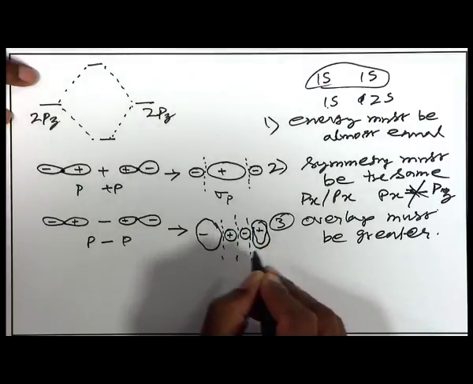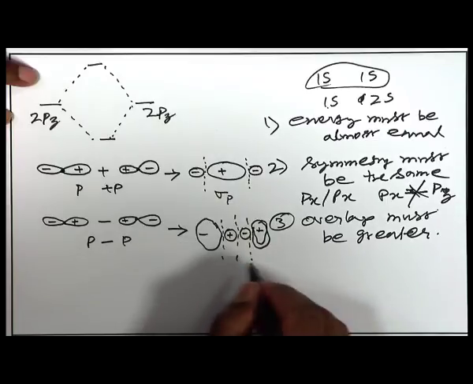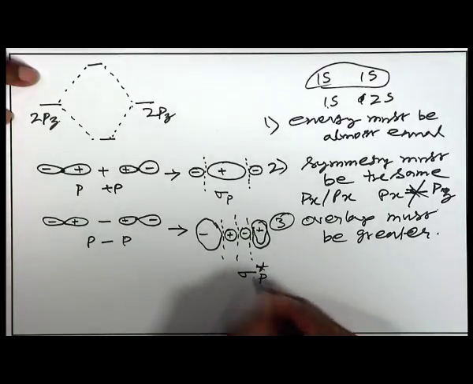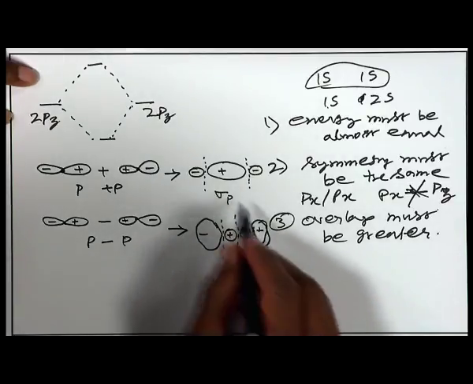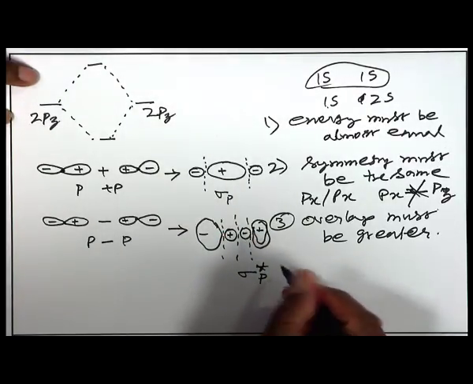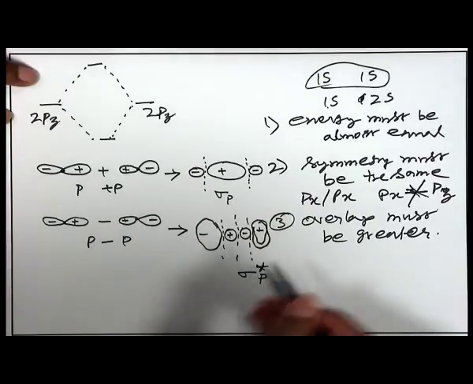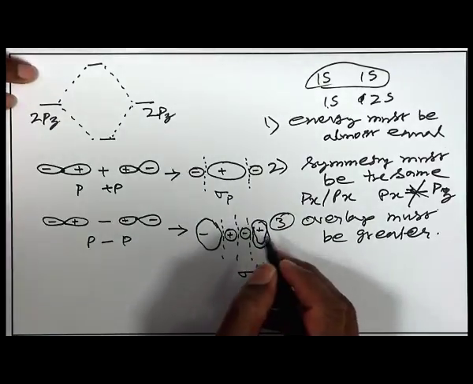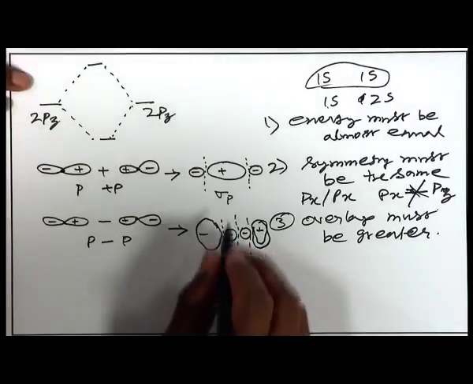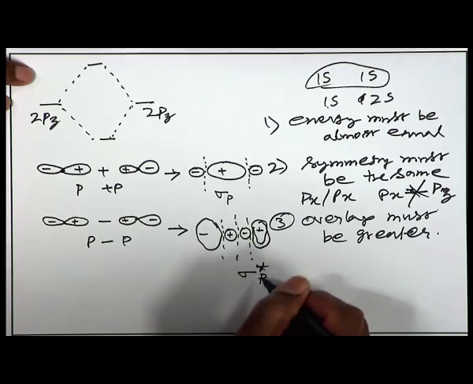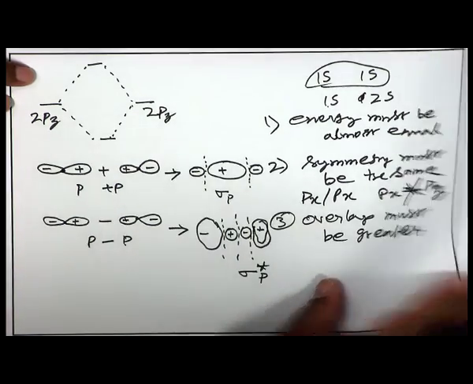Compared to the sigma orbital, this is the sigma star orbital, the antibonding orbital formed by p orbitals. In the antibonding orbital there is one additional node: three here, compared to two in the bonding orbital.